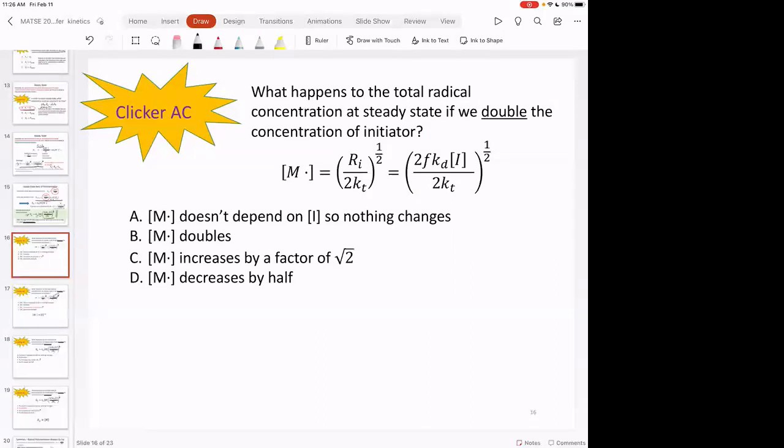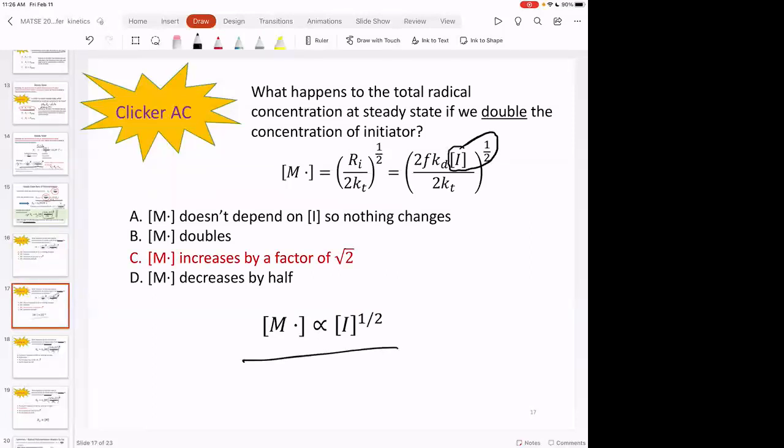We practice, what happens to the total radical concentration if we double the concentration of initiator? And of course, m dot is proportional to the concentration of initiator to the square root, because that's how the mathematics of the equation work: we have an expression for m dot and the concentration of initiator is under the square root. So that's really important that you're able to see that.